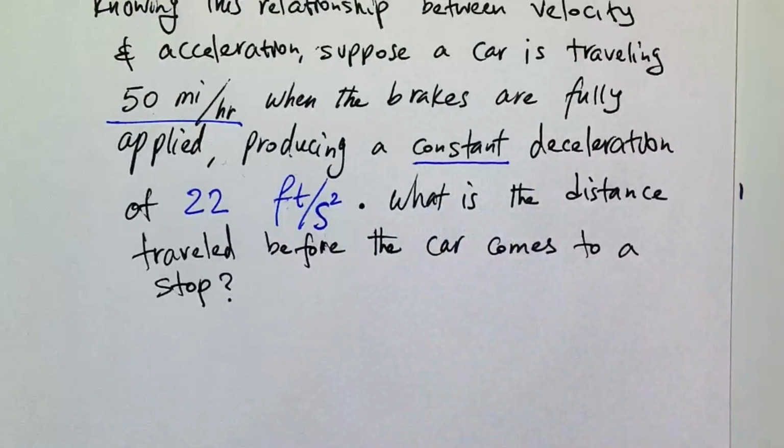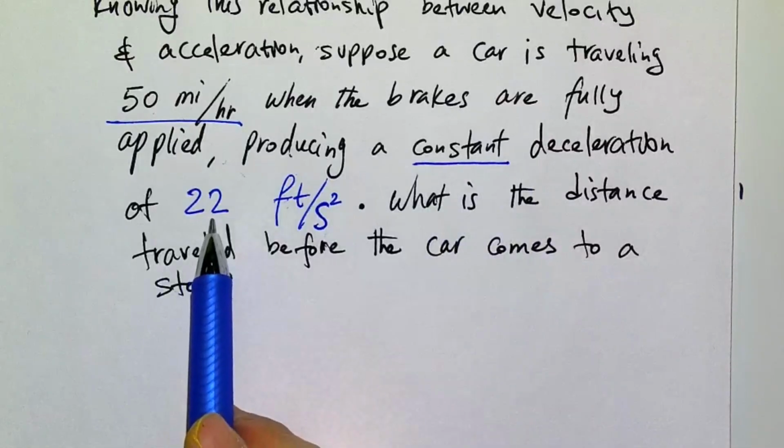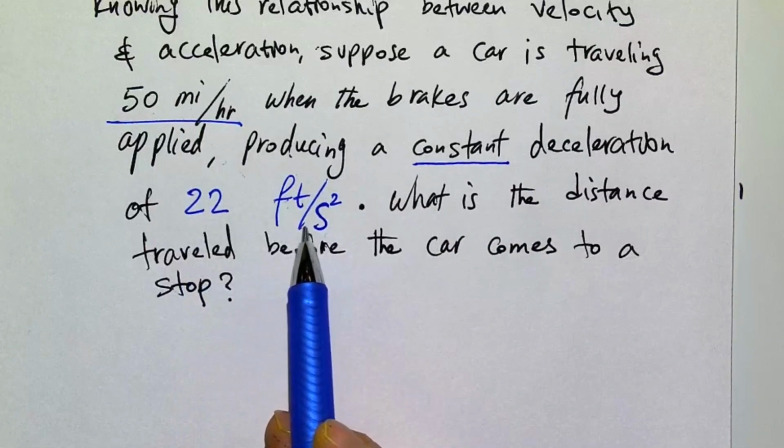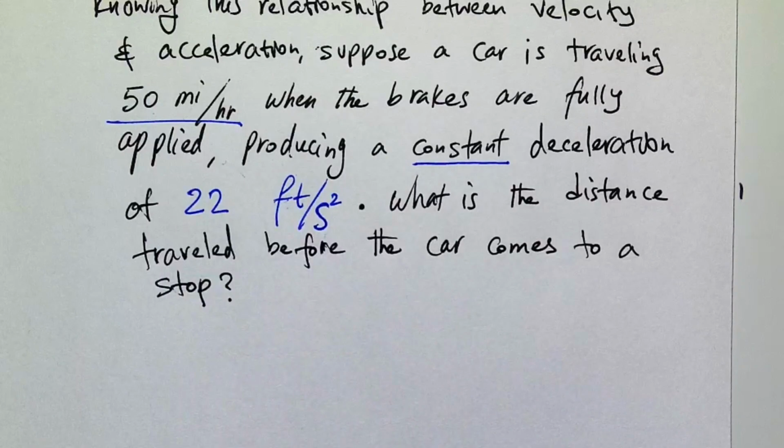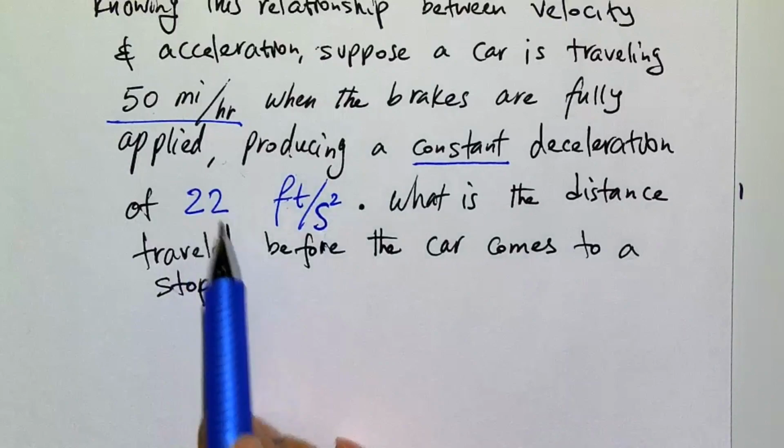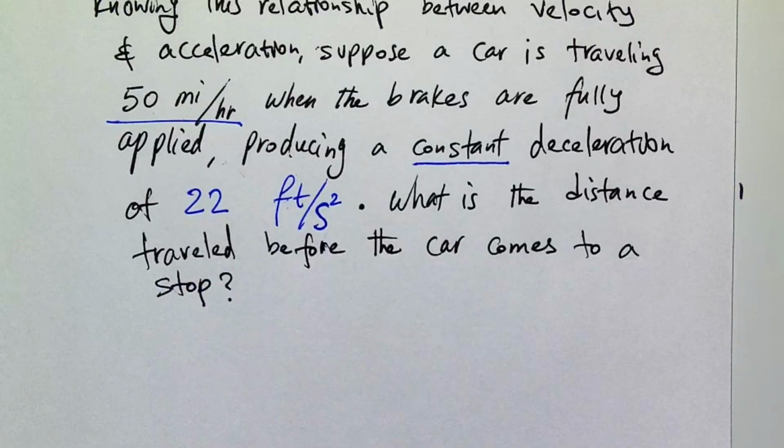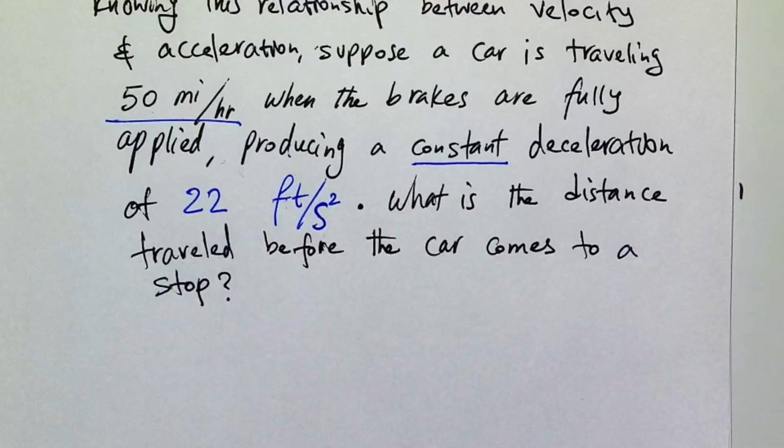The deceleration is constant at 22 feet per second squared, and because it's a deceleration and not an acceleration, we show that with a minus 22, okay? Acceleration, just like velocity, is a vector, and so it has some direction. So we use minus to indicate the deceleration part.